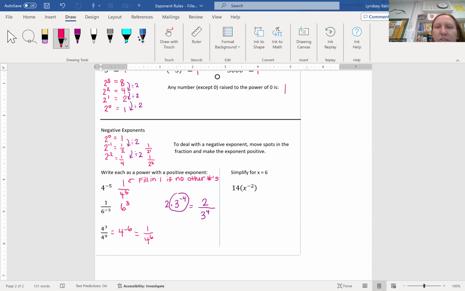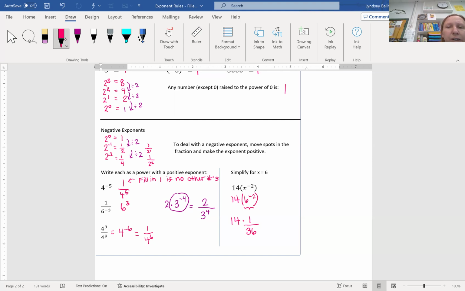Okay, and last question. You'll see a couple like this. We're going to simplify this expression for x equals 6. Our first step is to take 6 and plug it into our expression. So 14 times 6 to the -2nd. We're going to deal with that 6 to the negative second and know that it really means 1 over 6 squared, which I'm just going to change to 36.